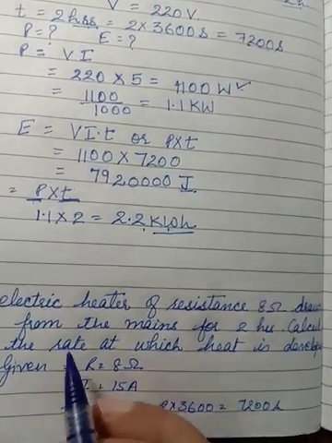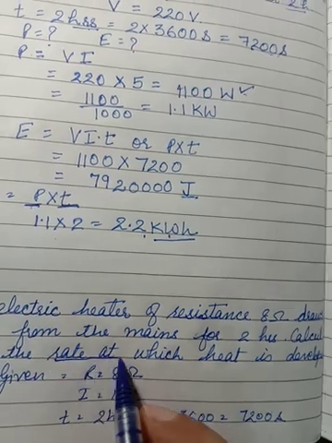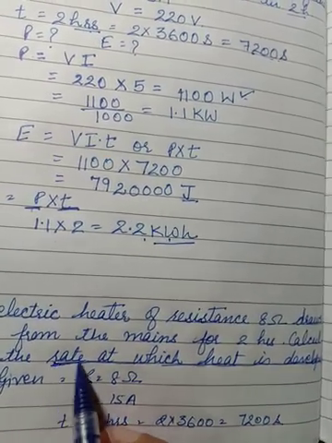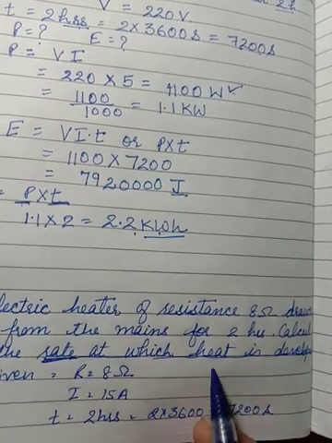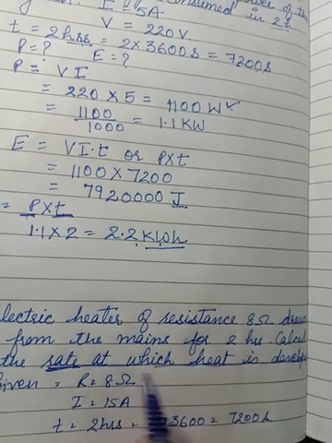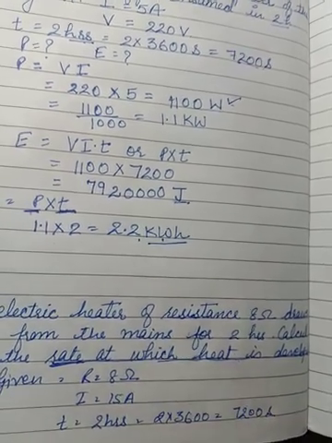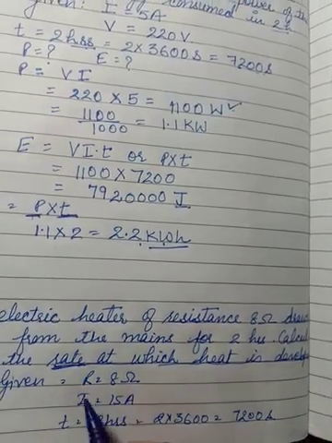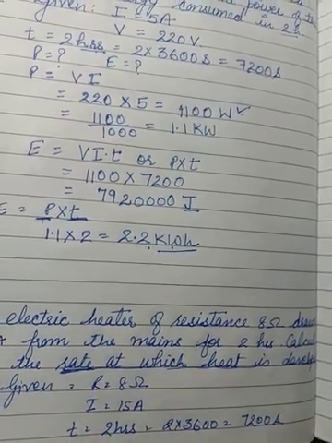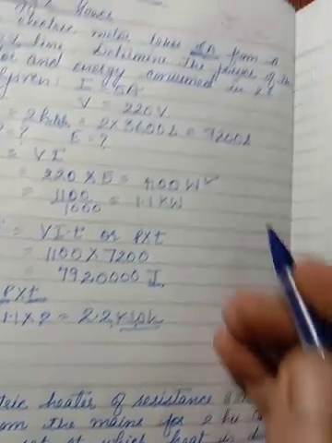So rate at which heat is developed means we have to find the rate of development of heat, rate of energy development, which is the rate of consumption of electrical energy. So basically here we are supposed to find out power.